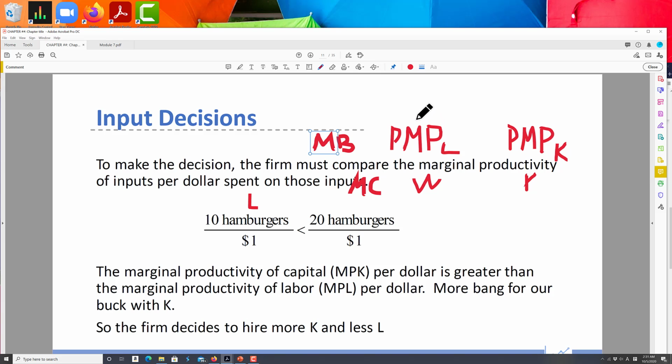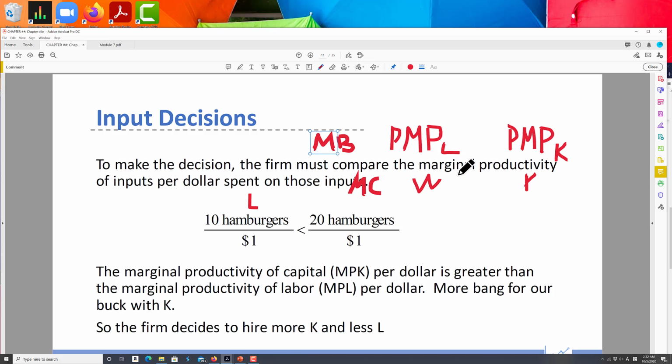Marginal product times its price is the extra revenue to the firm, whereas if you hire one more worker, it's going to increase cost by the amount of the wage rate.